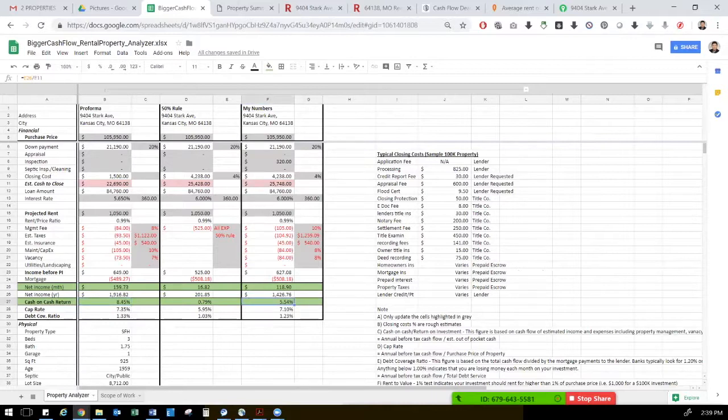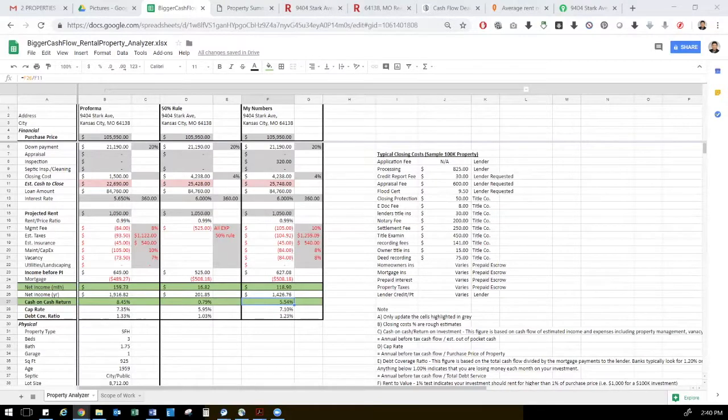My conservative numbers are telling me it's 5.5, and it's not like I went overly conservative, right? So it's very important to set your criteria and compare against it to make sure that you're not buying a property in hopes of these fantastic returns that you're never going to get. So it's very important that you look at it.